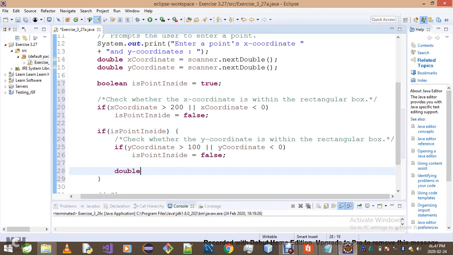But I'm simply gonna write it. Let me first start by having a variable. I'll call it determinant, which will simply determine whether a point is to the left or right of my line.